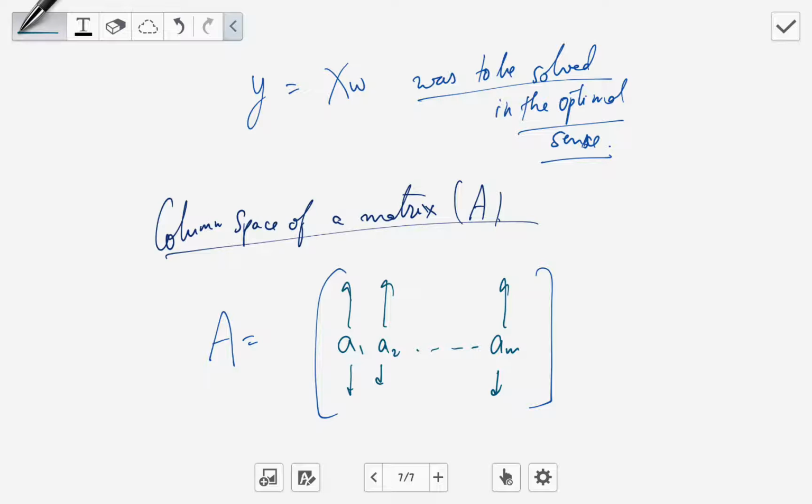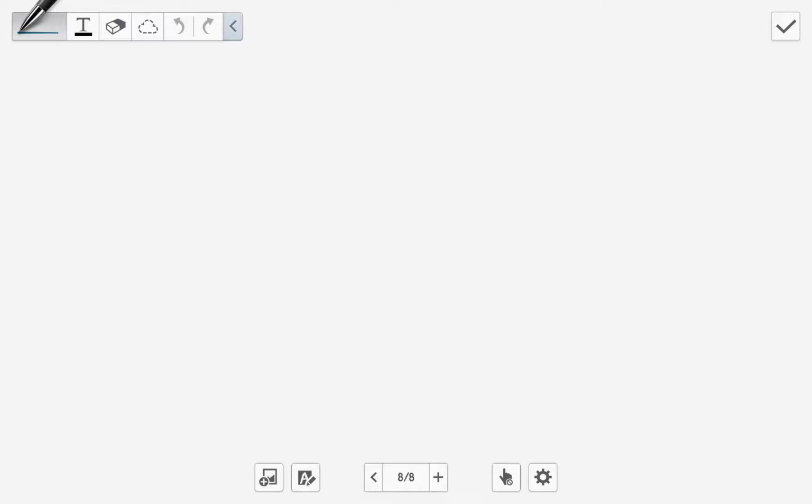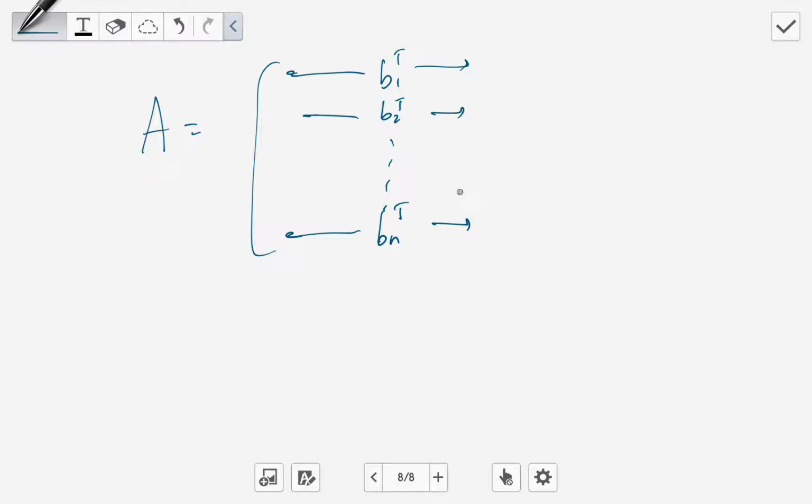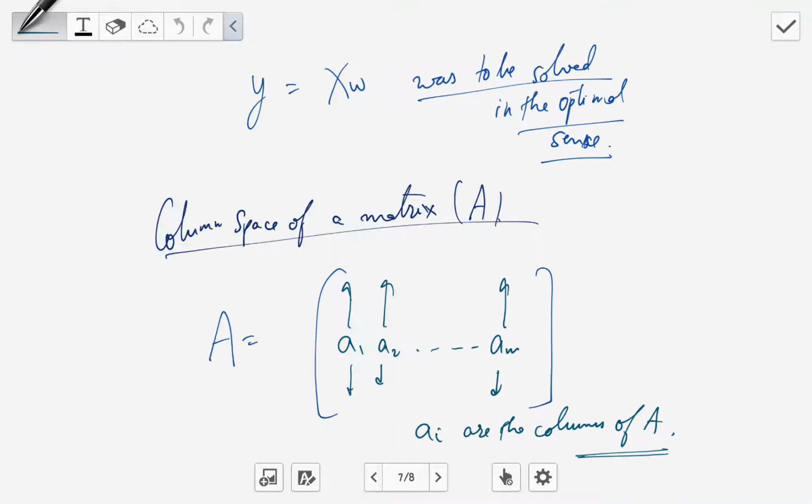These A1 to AM, the Ai, are the columns of A. Now let us also define A as B1 transpose, B2 transpose, so on up to Bk transpose. The Bi transposes are the rows of A. Fine. This is good.